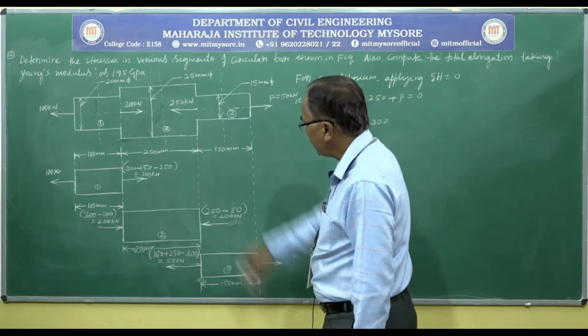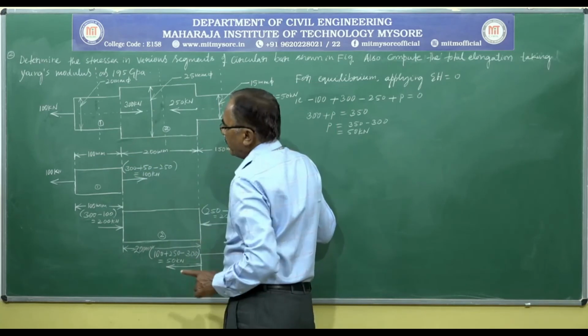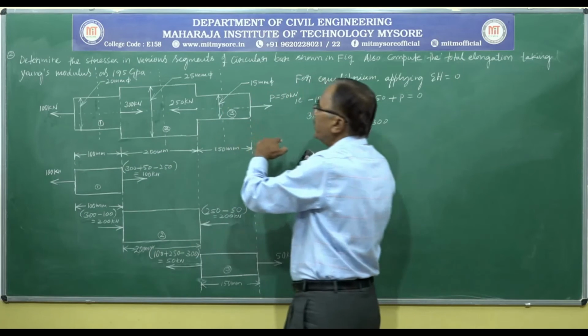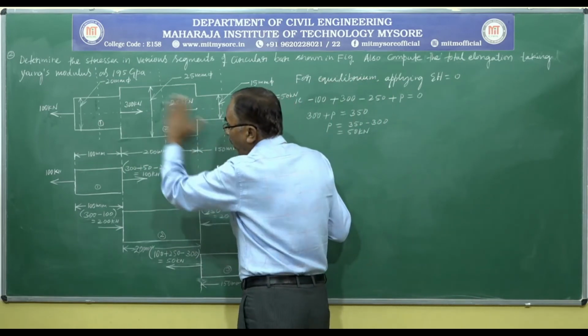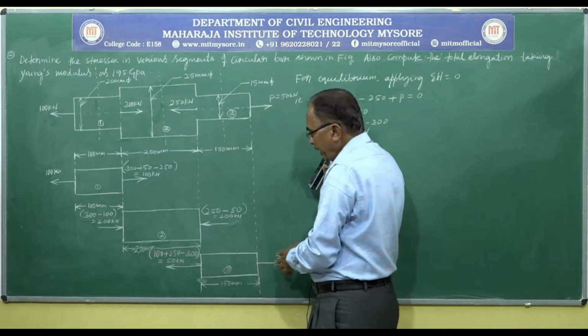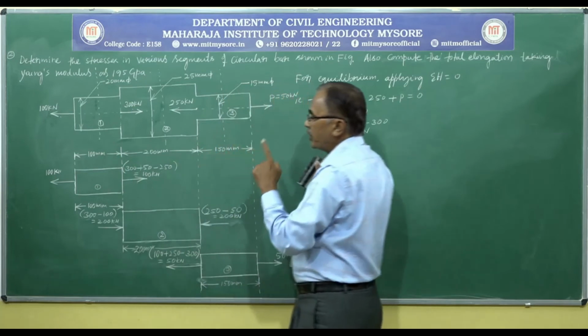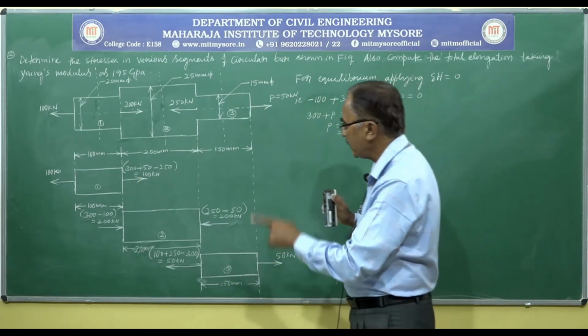Now we can write the given data. After balancing the different segments, there is confusion in writing P1, P2, P3, though there are 3 segments and 4 loads. After drawing the free body diagram, we can confidently say that segment 1 is in equilibrium under the action of a single load, 100 kilonewton tensile.